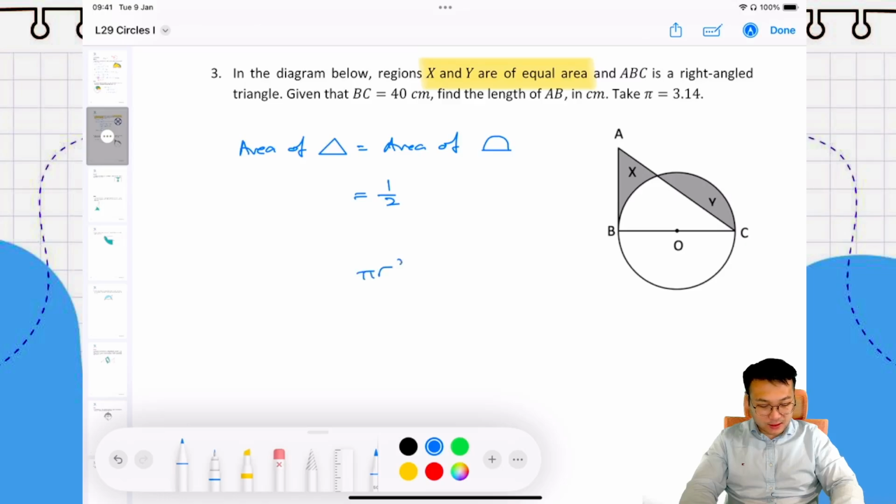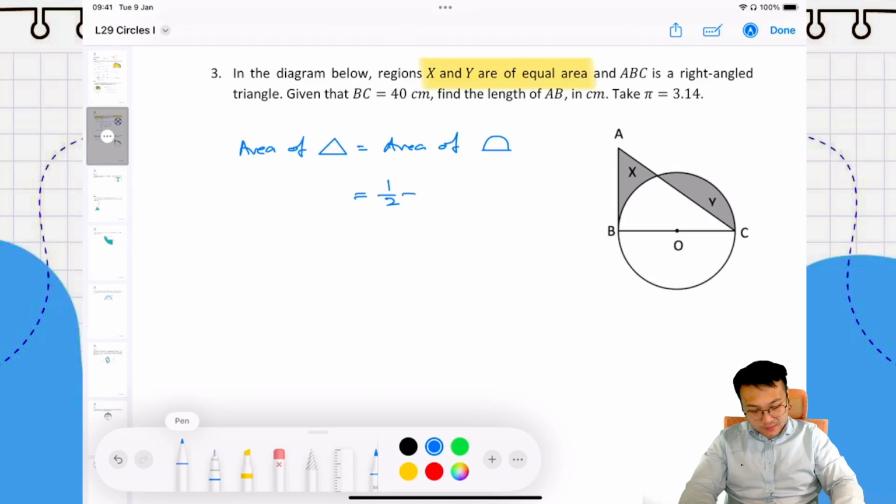How do you read this? Center radius square. Oh, pi. So this symbol is pi, okay? Pi r squared. Can you say pi r squared? Pi r squared. Very good.